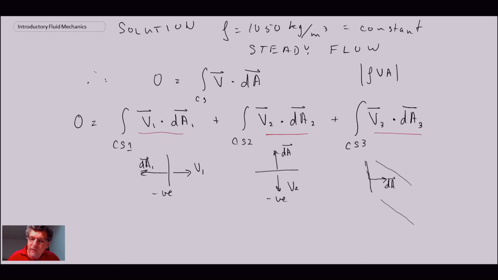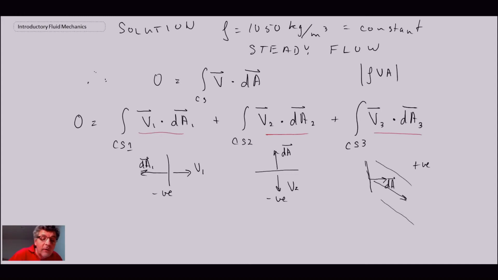So that is the vector of the area. The velocity itself, however, is going to be at an angle. And those are both in the same direction, and so this is going to come out as being a positive. But we have to take into account the fact that the velocity is going to be at an angle, and we'll do that later on in the problem when we decompose things.